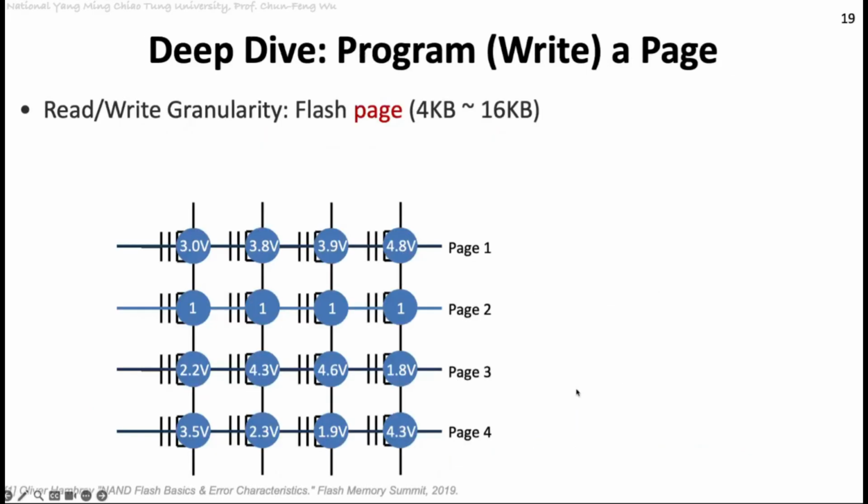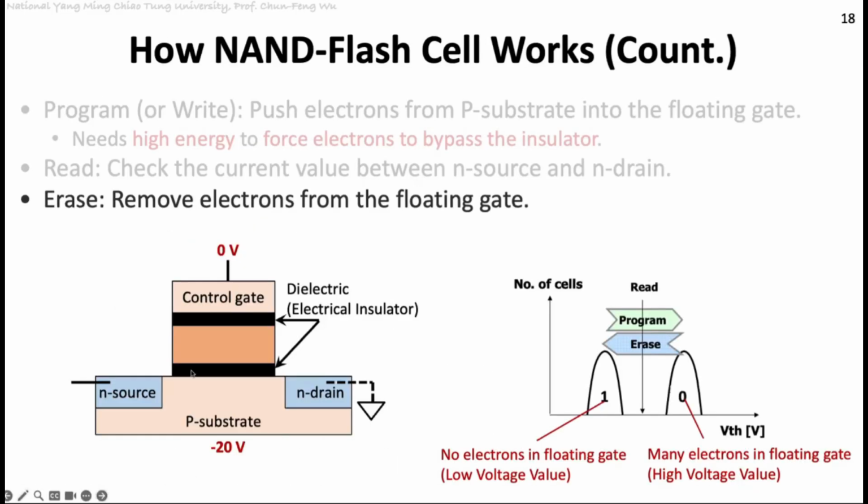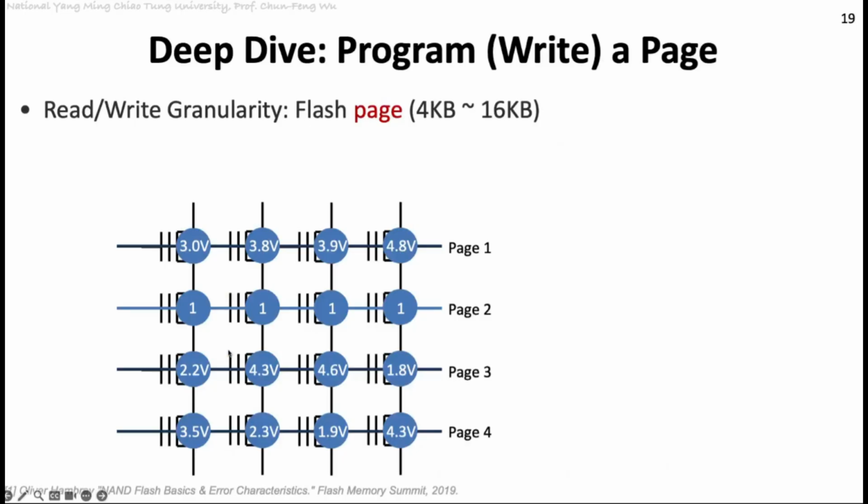Okay, so let me give you an overview example here, because before this, we only focused on 1 bit, meaning there is an electron inside or there is no electron inside. But actually, an SSD should work at page granularity when we are going to rewrite the data. So the example is like this. If this is called page 1, page 1 means all these memory cells share the word line, and page 2 also shares a word line.